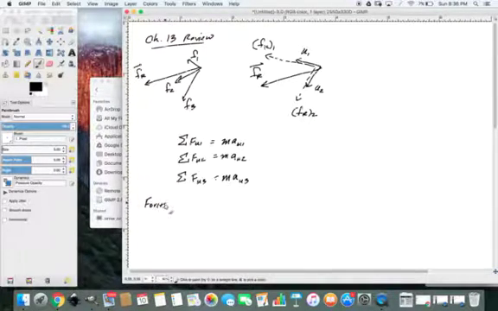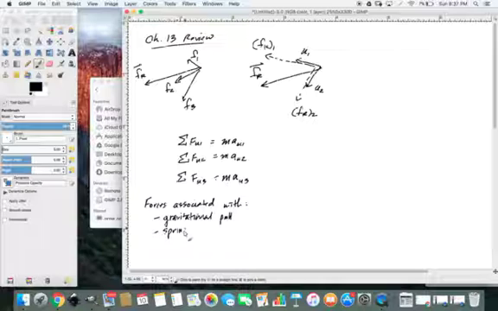So forces associated with gravitational pull, forces associated with springs, and forces associated with dampers.